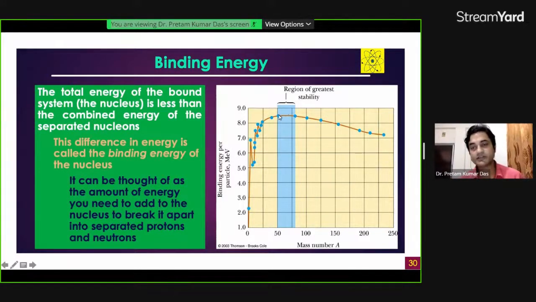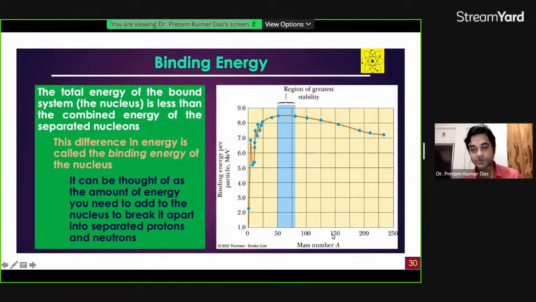So you can see this is the iron region, maybe this one, iron 56. This is the maximum one. So when iron fuses, what will happen? Two iron means 26 each, about 52 nucleons.